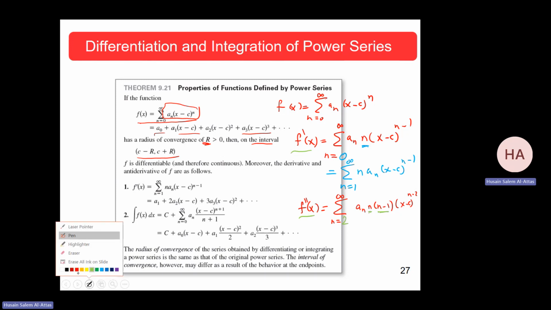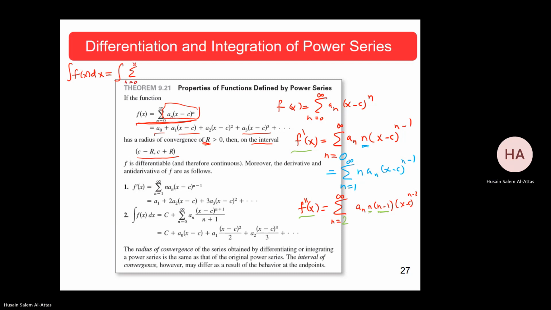Now, when it comes to integration, what will happen to the integral of f of x dx? I need to find the integral of this series, which is just a polynomial.